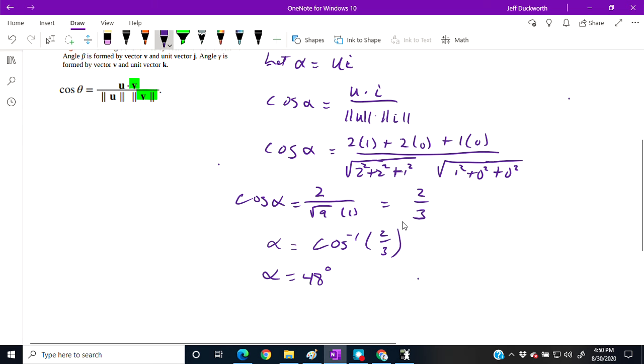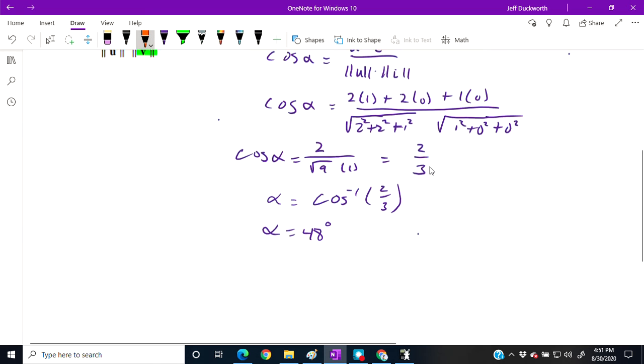Beta will be a similar thing, but instead beta is going to be u and j.